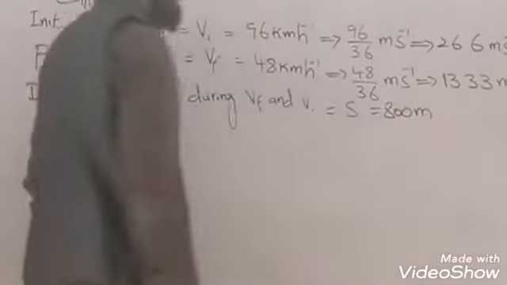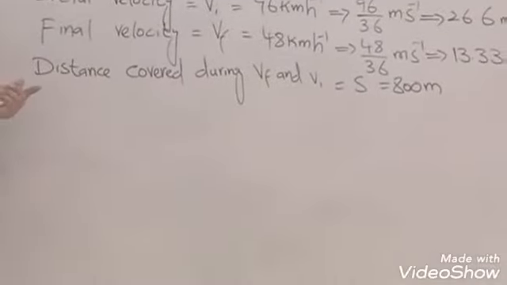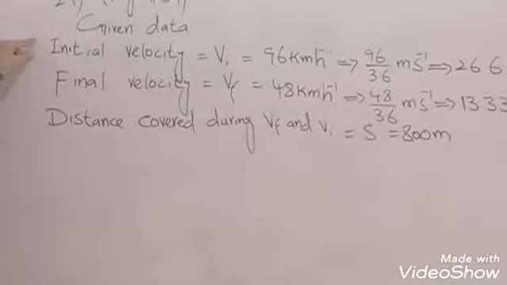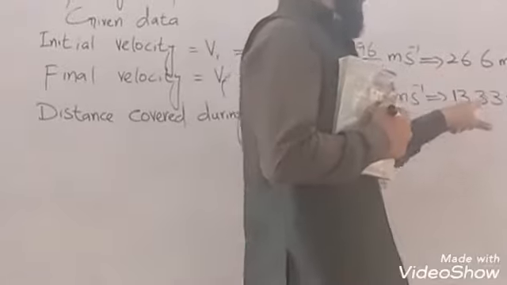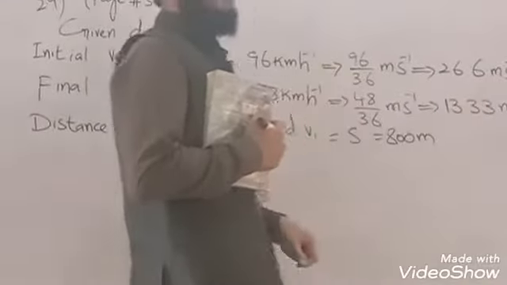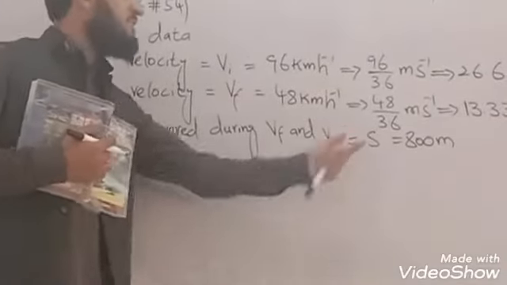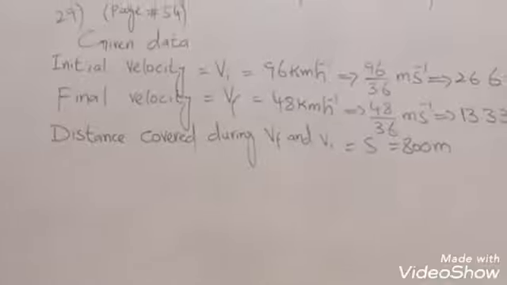Now the point to be noted, this is not the total distance covered by the train. This is the distance which is covered when the speed of the train decreased from 26.6 meter per second to 13.33 meter per second. Is it clear? So here I have mentioned distance covered during Vf and Vi, which is 800 meters.